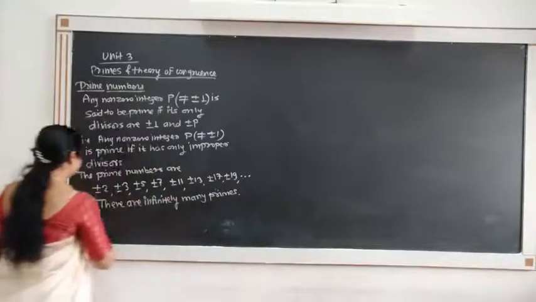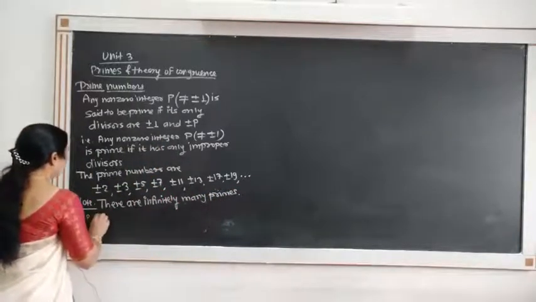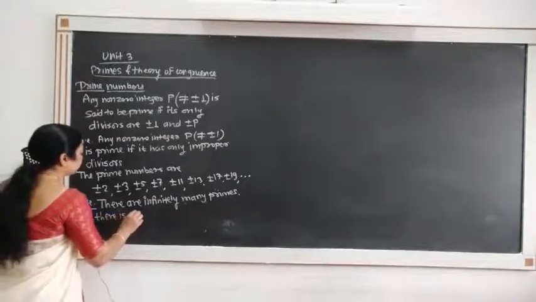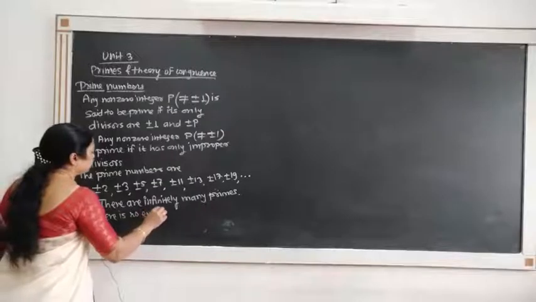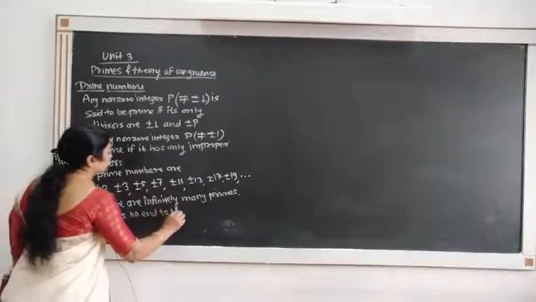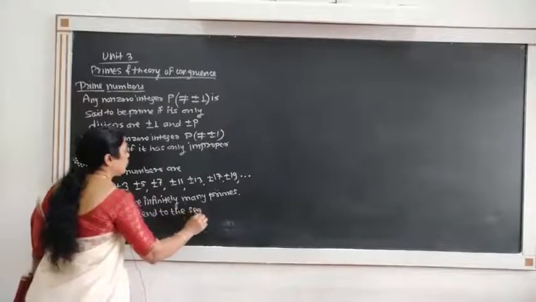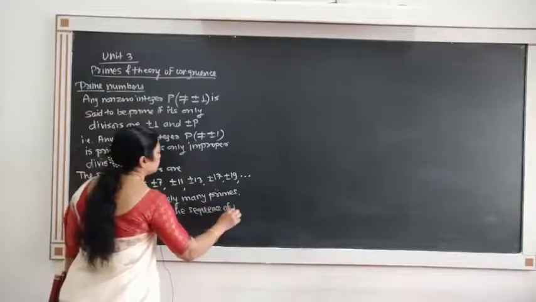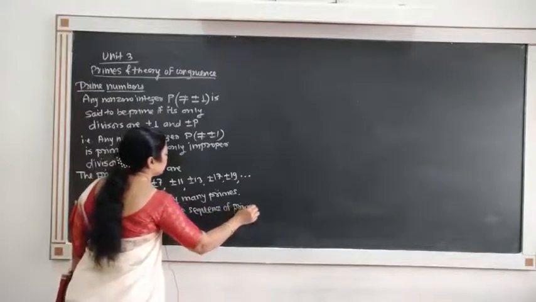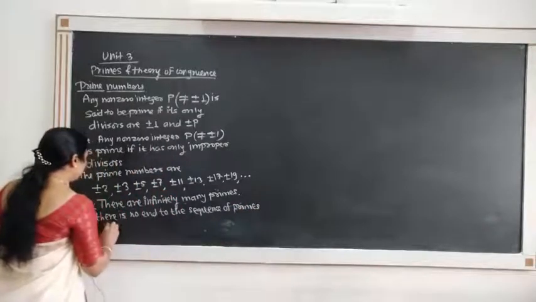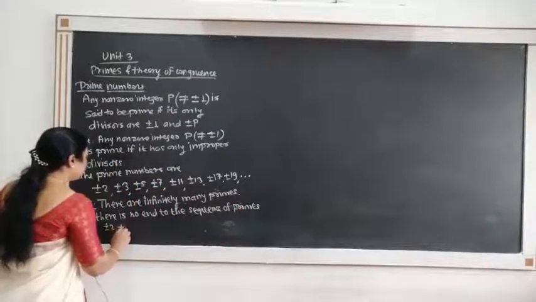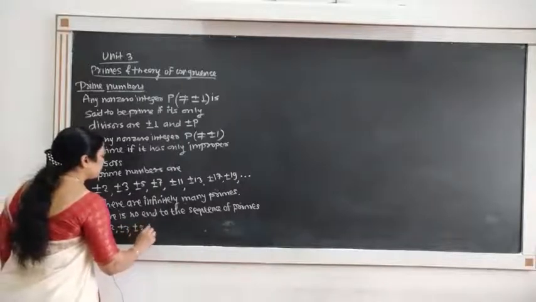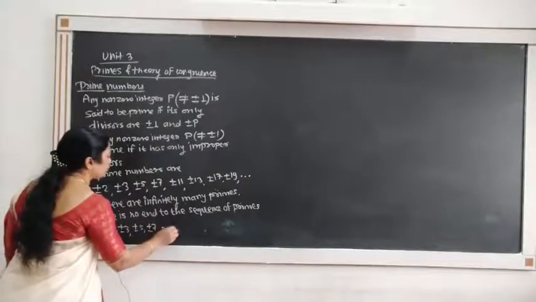That is, there is no end to the sequence of primes plus minus 2, plus minus 3, plus minus 5, plus minus 7 and so on.